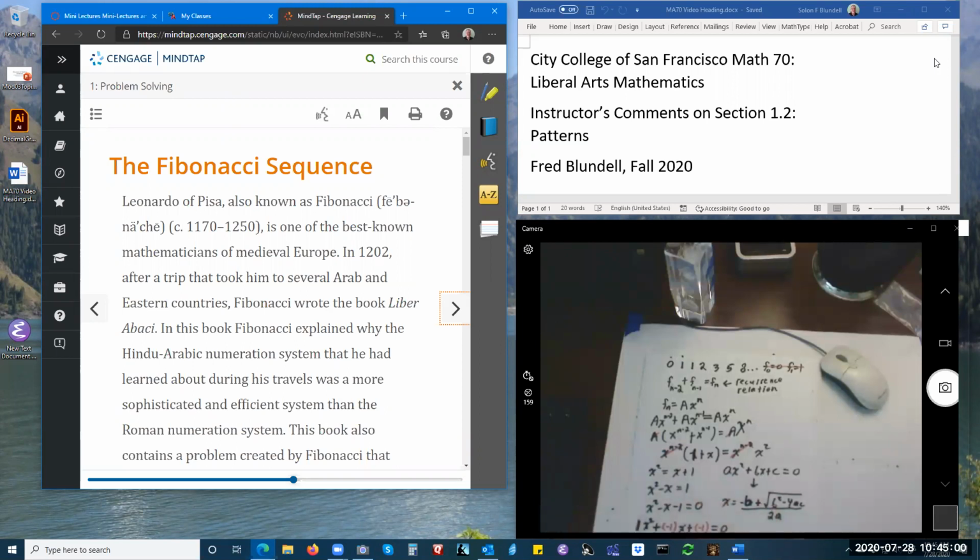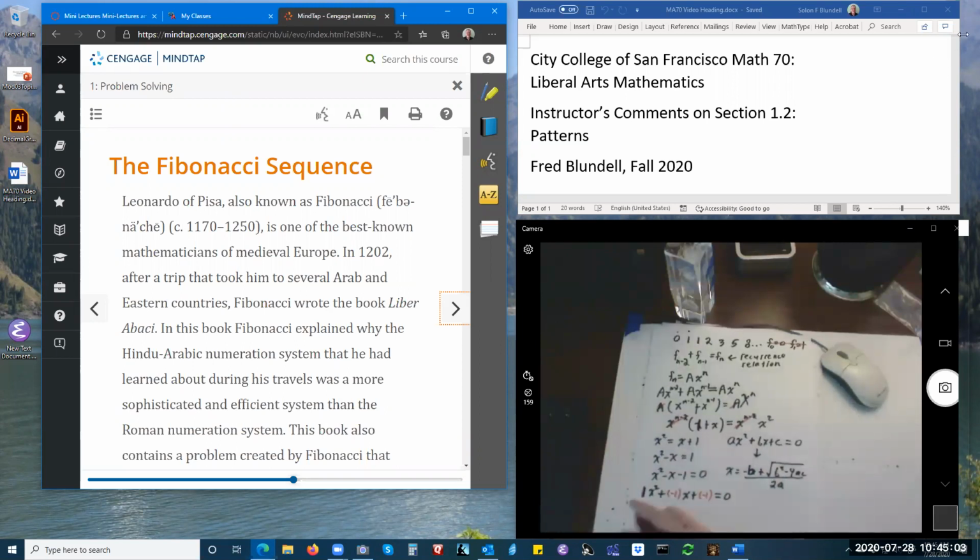I'm just rewriting that equation. So now you see that matches ax squared plus bx plus c equals 0.